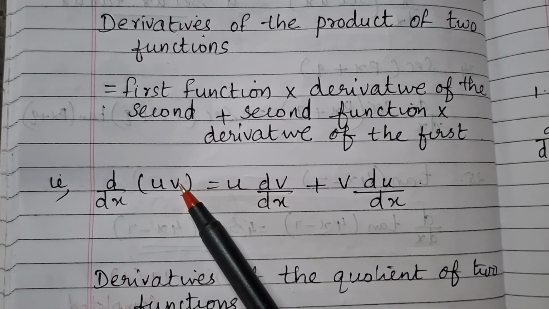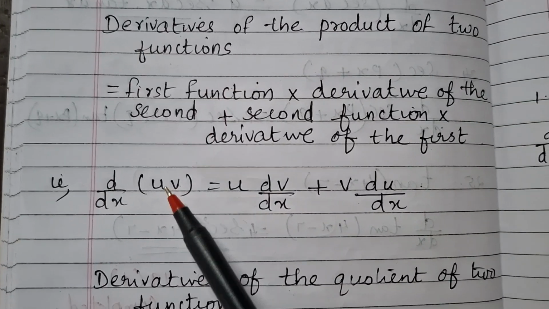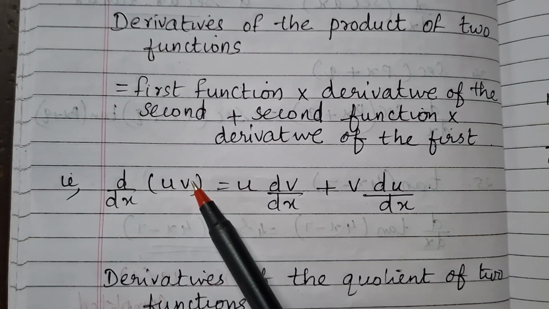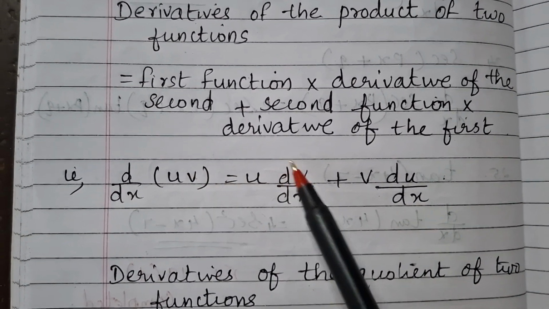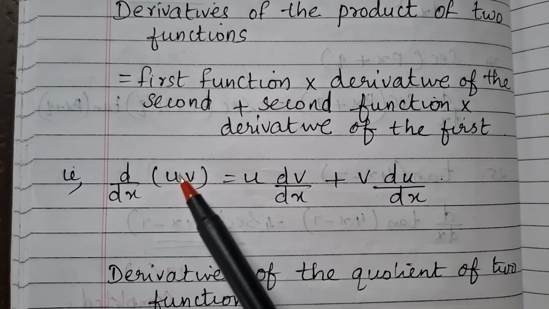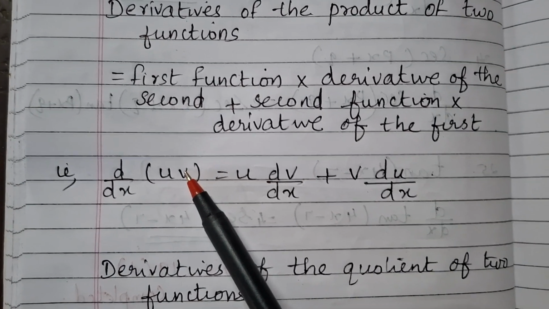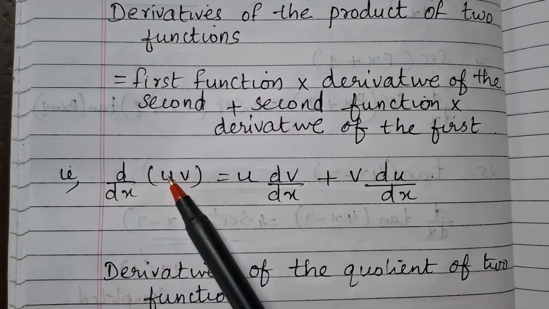So our formula is: first function, which is u, into the derivative of the second function, which is dv by dx, plus the second function, which is v, into the derivative of the first function, du by dx.